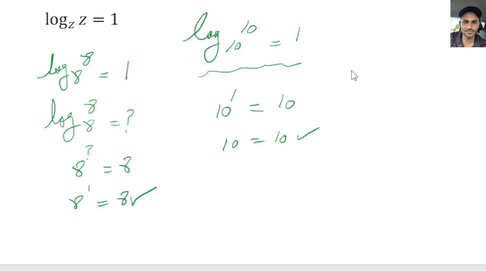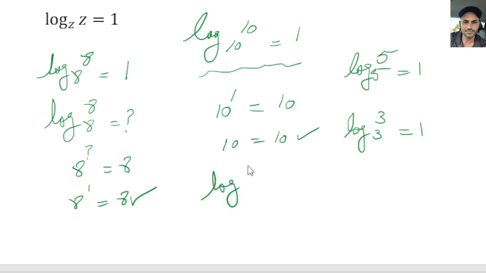So I'm going to do a few more examples. We have log of 5 with base 5, that is also equal to 1. Let's say log of 3 with base 3 is equal to 1. Log of 2 with base 2 is also equal to 1. Log of 20 with base 20 is also equal to 1.